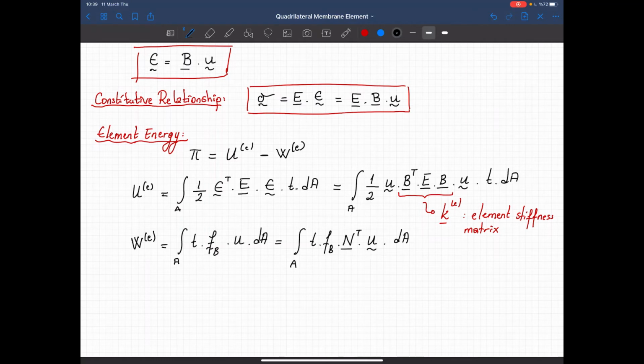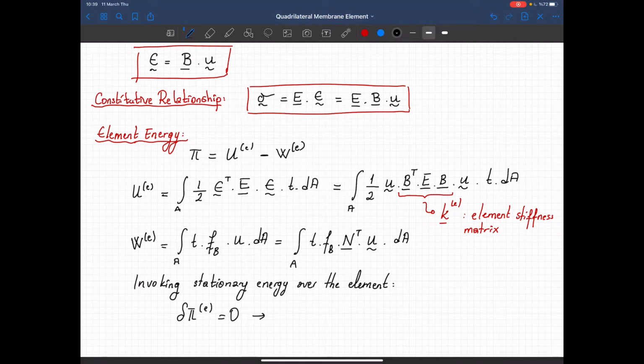Okay, so we have the expressions. Now invoking the stationary condition, the first variation of the total potential energy should be equal to 0.